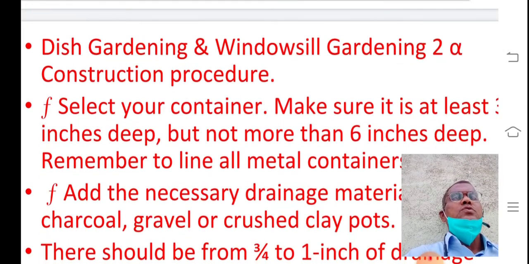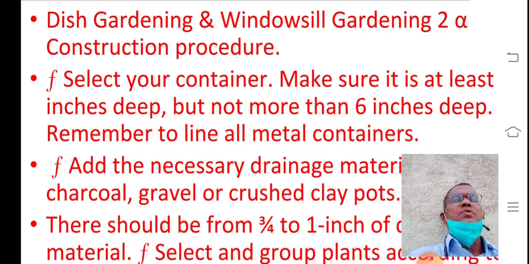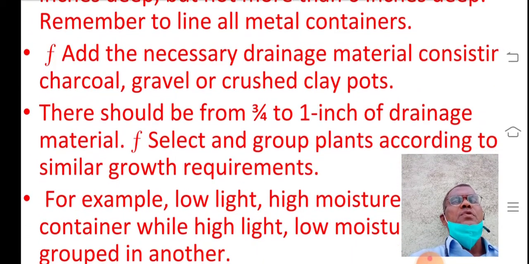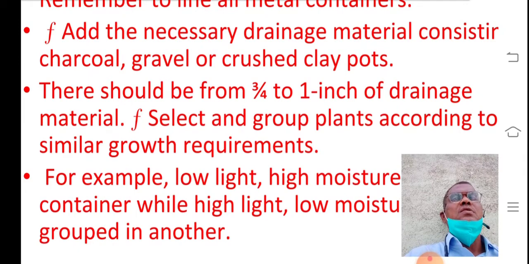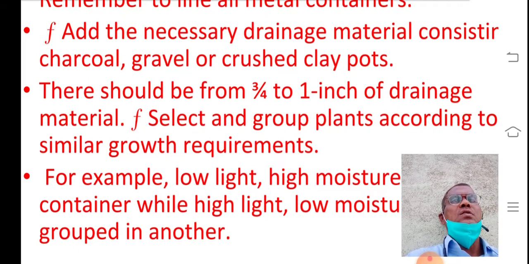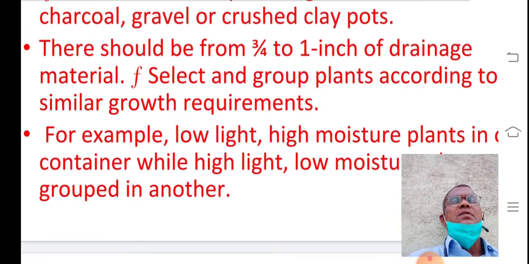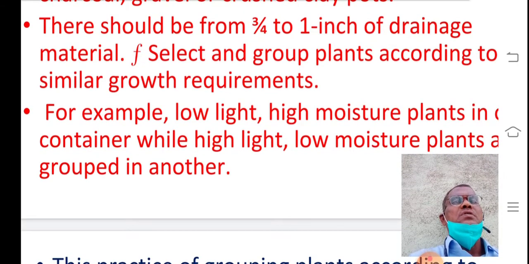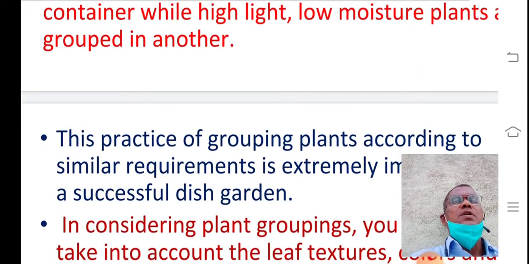Secondly, we may use different places for developing, such as window sills. Then for proper drainage we can use gravel, charcoal, or crushed clay particles. About 3/4 part of the pot should be filled with proper soil.